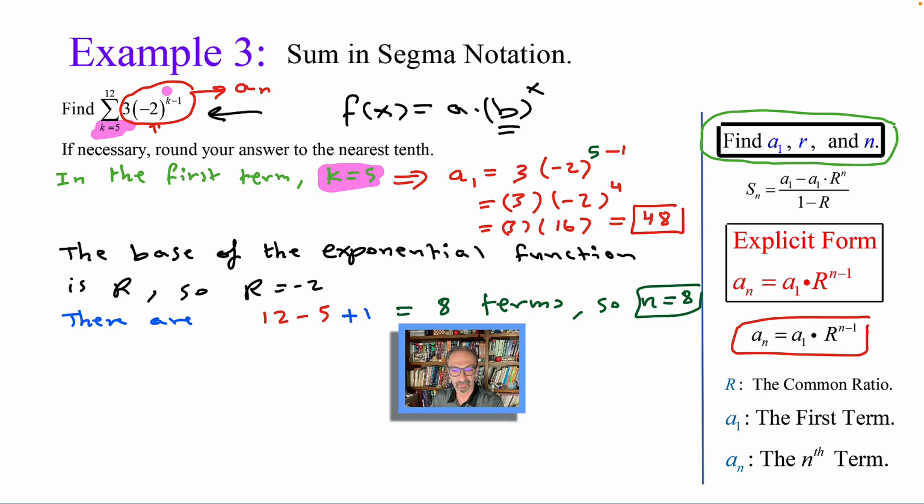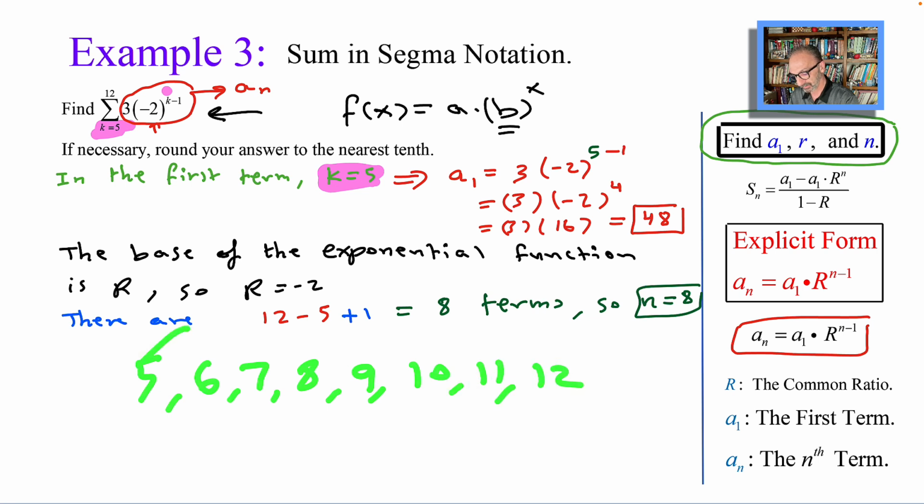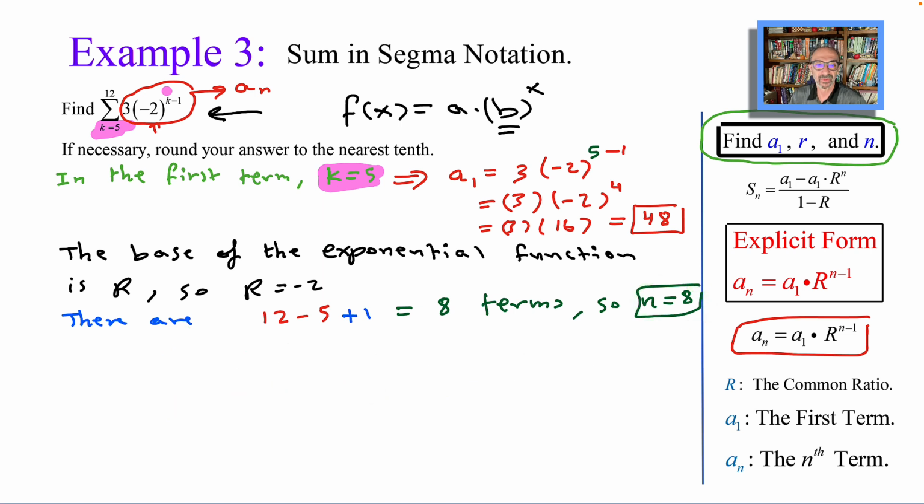Let's double check, since I mentioned it, I'll just go over it. 5, 6, 7, 8, 9, 10, 11, and 12. Let's count. 1, 2, 3, 4, 5, 6, 7, 8. That's 8. It's not fully practical, but just to convince you that you have to add 1, because we're not looking at a distance between them.